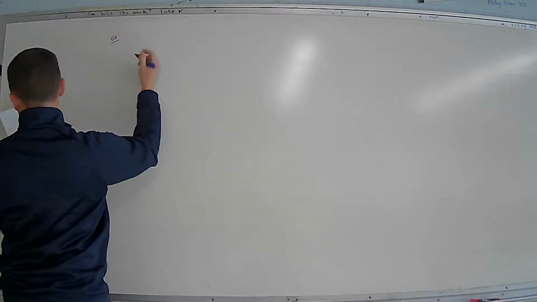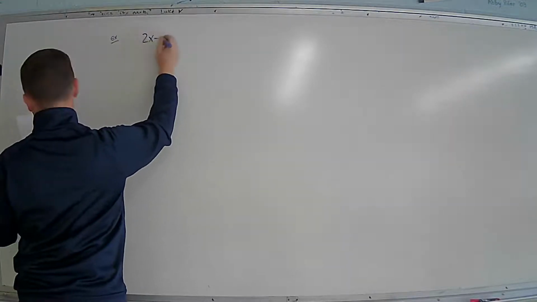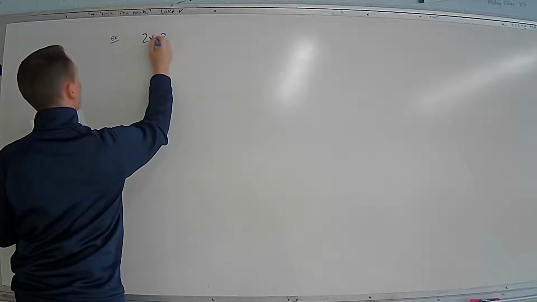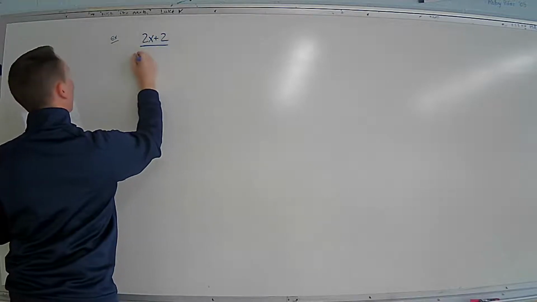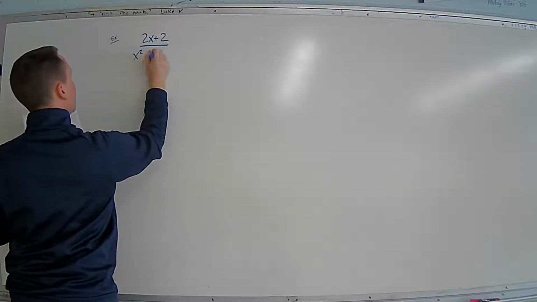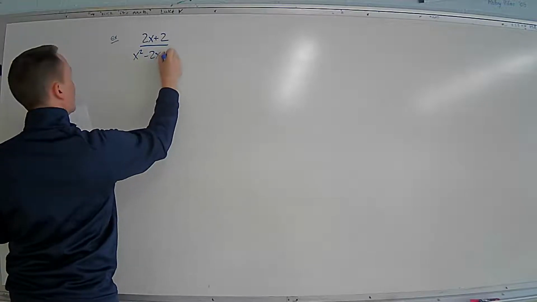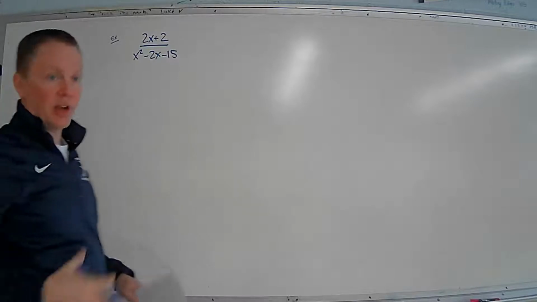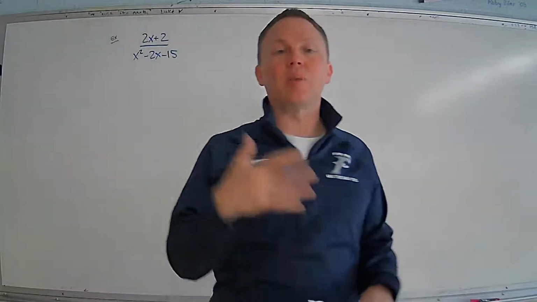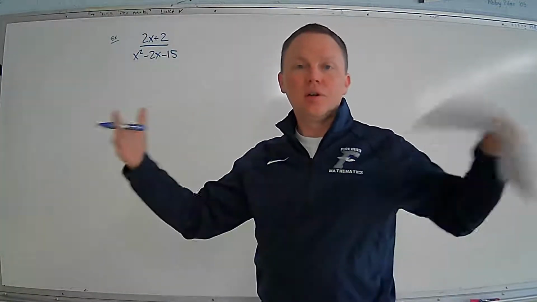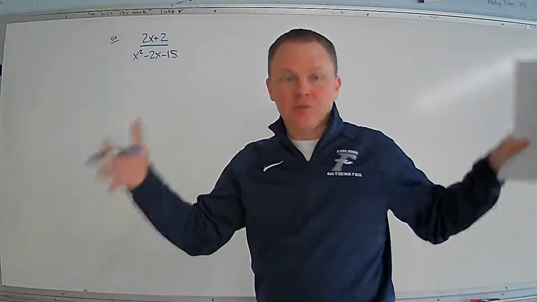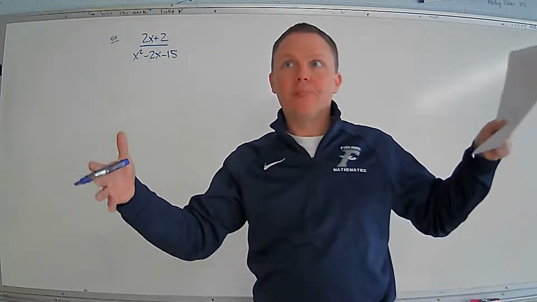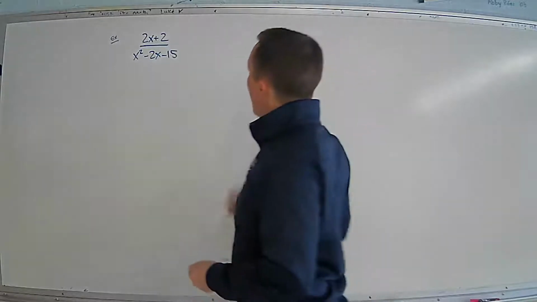Here we go. So again, this is not calculus so far. This is just going to be a little bit of algebra. So 2x plus 2 over x squared minus 2x minus 15. Okay? So there's an expression. What we're going to do is break that into an addition problem of two fractions with non-common denominators.